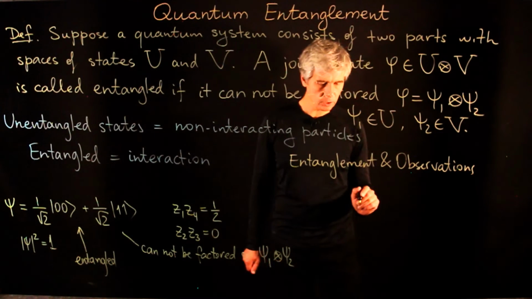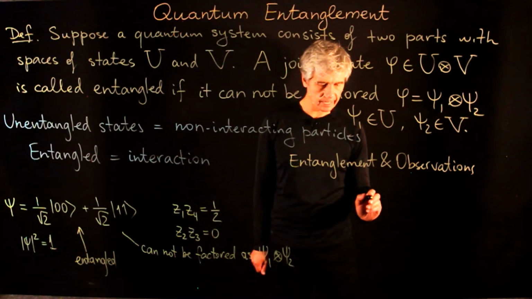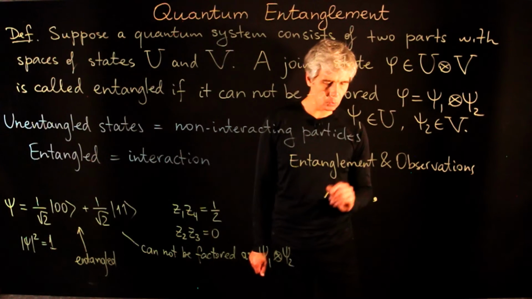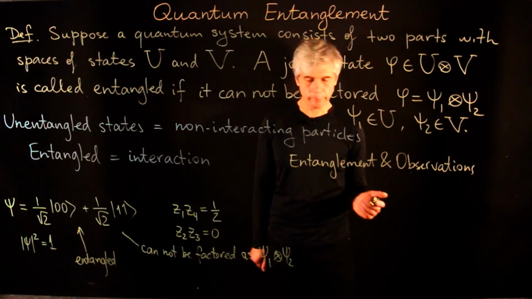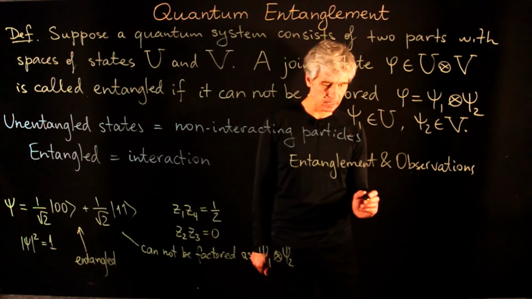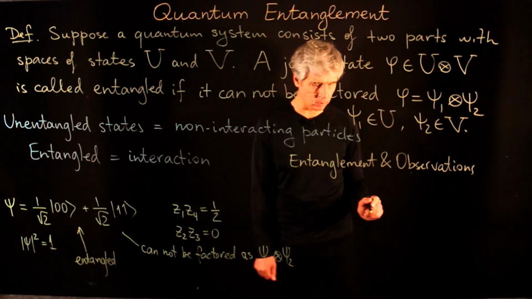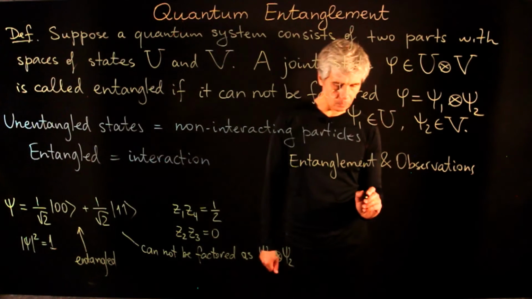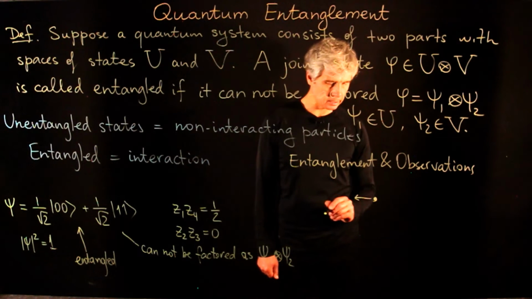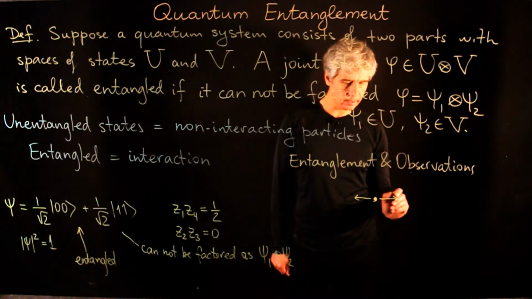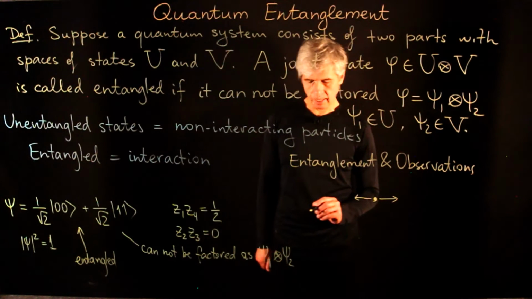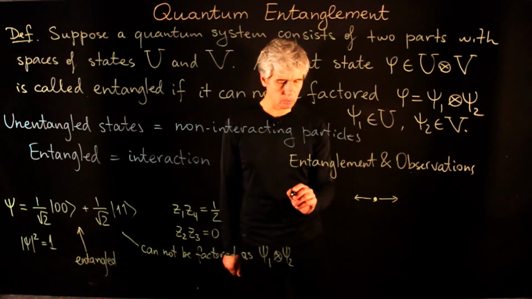So imagine the following experiment. Suppose we have a source that produces a pair of entangled particles, right? And so we have two, say, polarized photons, and one photon is sent to the right and another is sent to the left. And here we have two detectors.